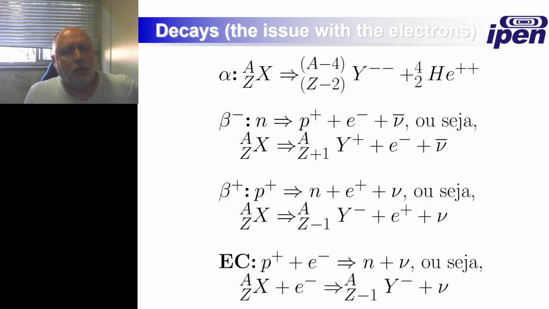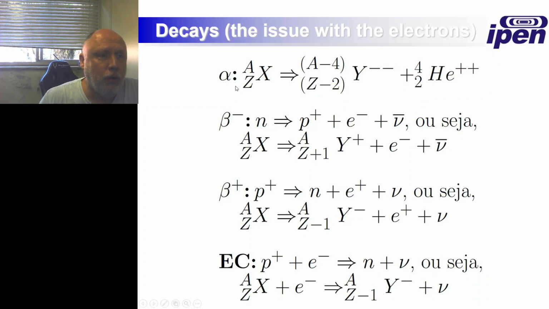Okay, one important thing for what we'll talk about here. In decays, remember I told you if we take atomic masses, they include the electrons, right? So there's one trick here. When you have an alpha decay, the nucleus that is left has 2 neutrons and 2 protons less, so 4 units of mass less, but it has 2 extra electrons because the alpha particle went off without the electrons.